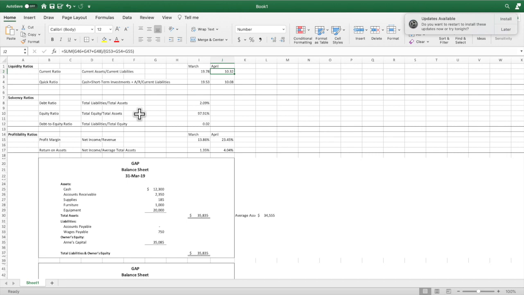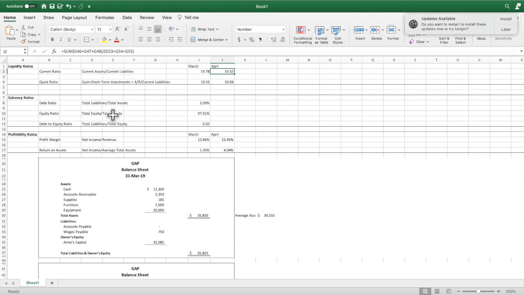Another way of checking the performance of a company, besides horizontal and vertical analysis, which don't give the whole picture, is ratios. So ratio analysis. We're going to talk about a few different ratios. First, liquidity ratios, and there are 2 ratios under liquidity ratios: current and quick ratios.